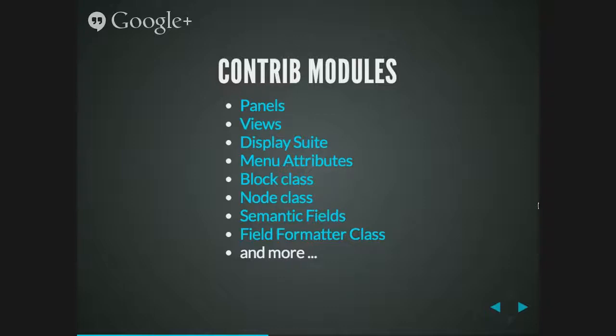I want to say one thing about node class: this is for individual nodes, and this is where content editors would add the class. So I try to avoid this most of the time, because they don't necessarily know what the class is in the style rules. If you have a style guide and more sophisticated content editors, maybe that does make sense, but just know what the purpose of that module is.